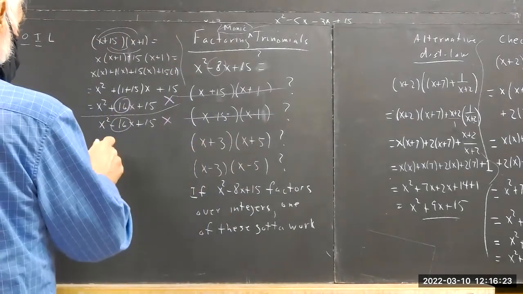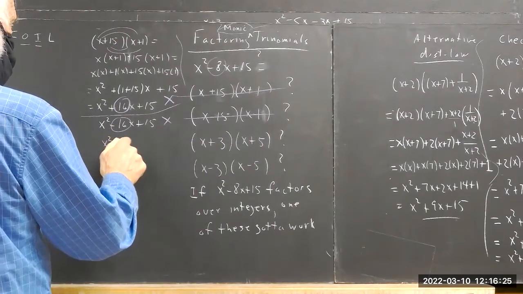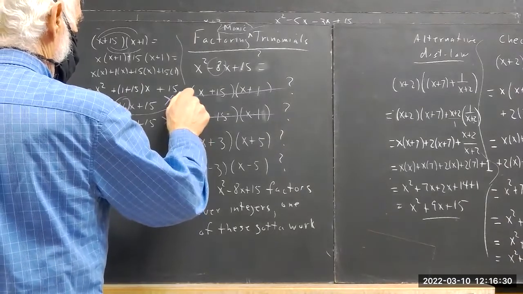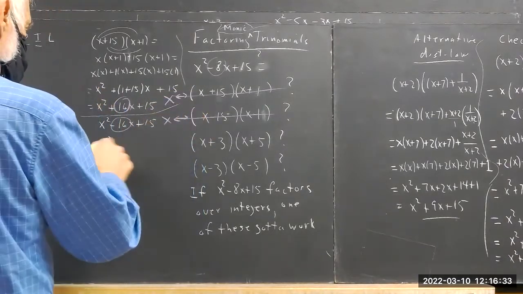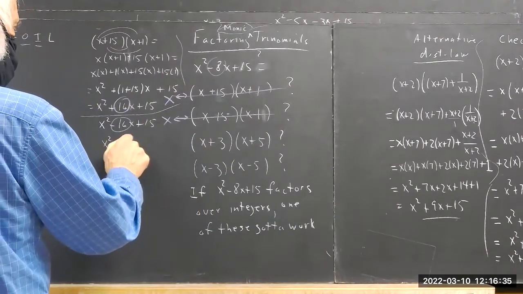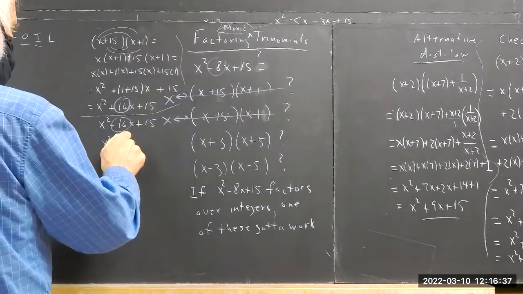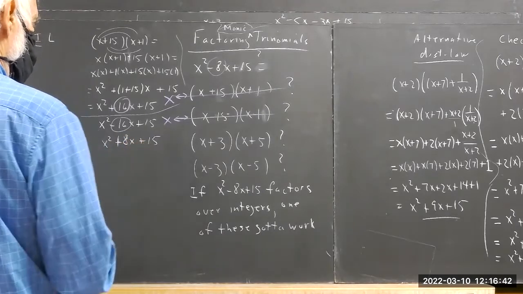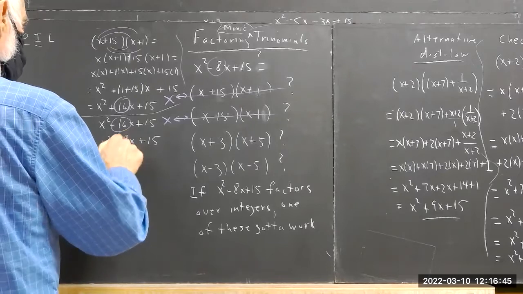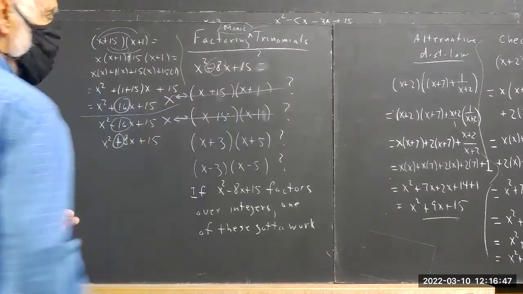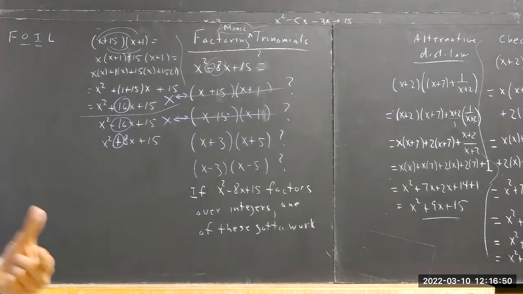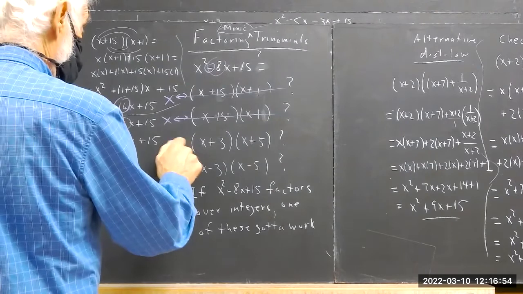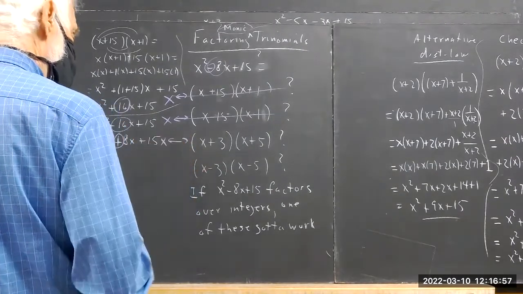Then we check out this possibility, which is x squared, plus 8x, plus 15. Well, this has a plus on the 8, not a minus. Because we get a plus here, we can get a minus. Think about why that's true. But it doesn't work.